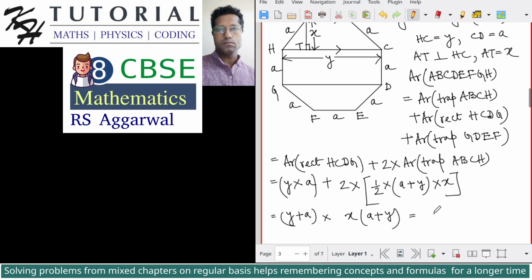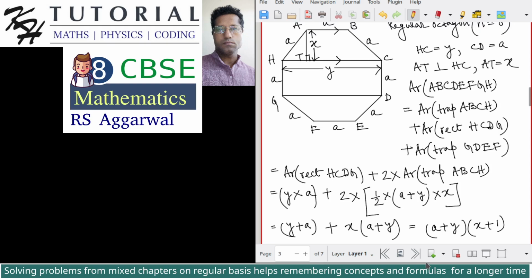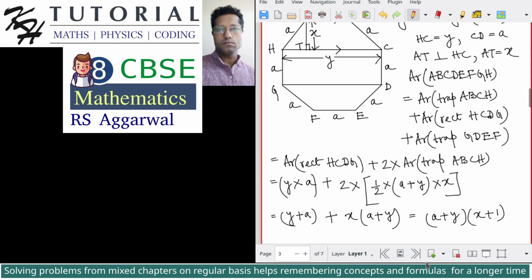If I take a plus y common, I get a plus y multiplied by, not multiplication but plus, x plus 1. Kind of a nice formula, but please do not try to consider this a plus y into x plus 1 as a formula.